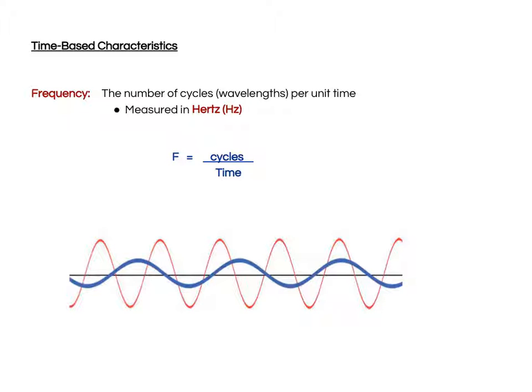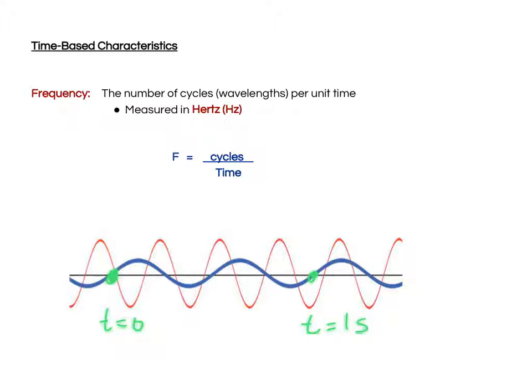So let's take a look at these two waves that I have here on the bottom. I have my red wave and I have my blue wave, and I'm going to say, well, let this be time 0. So this would be t equals 0. And I'm going to consider over here to be maybe time 1 second.